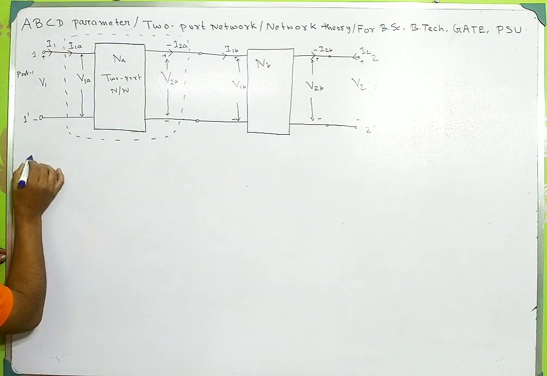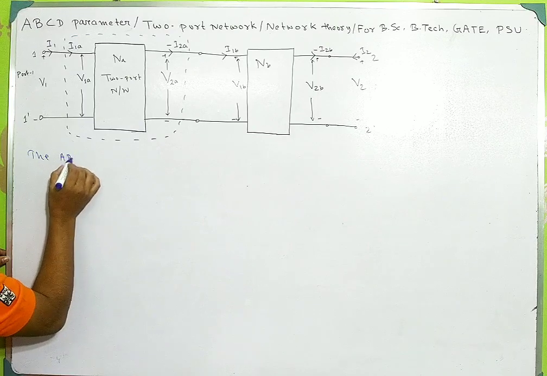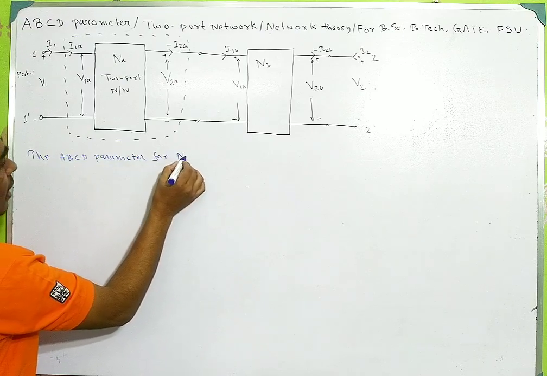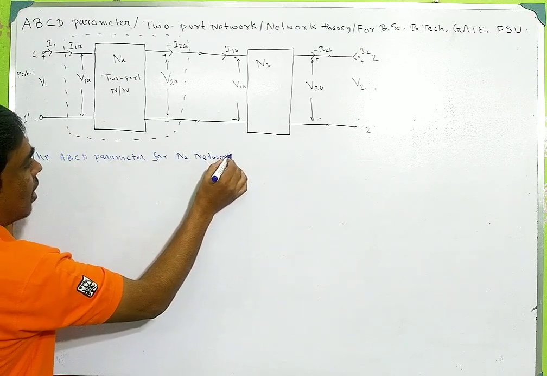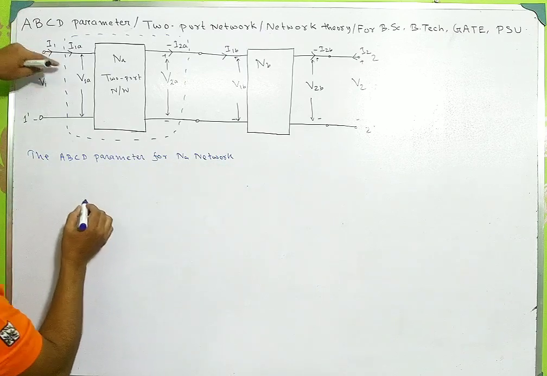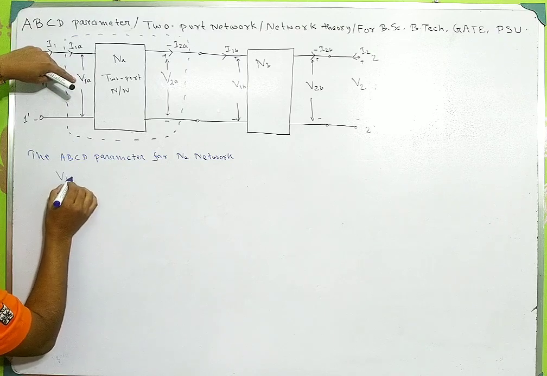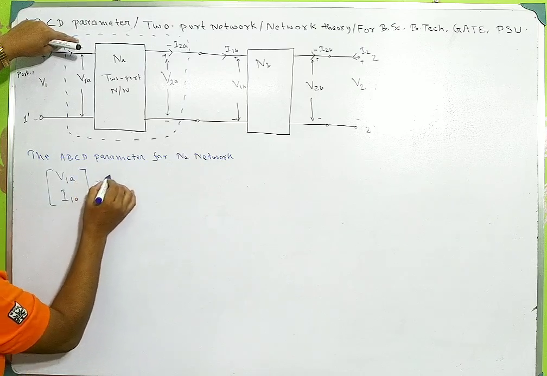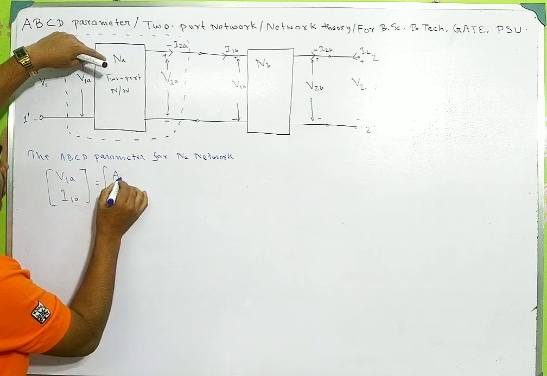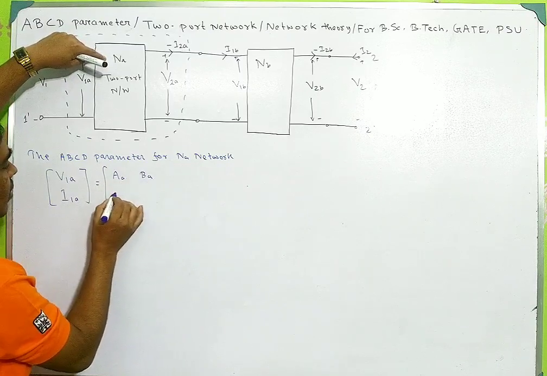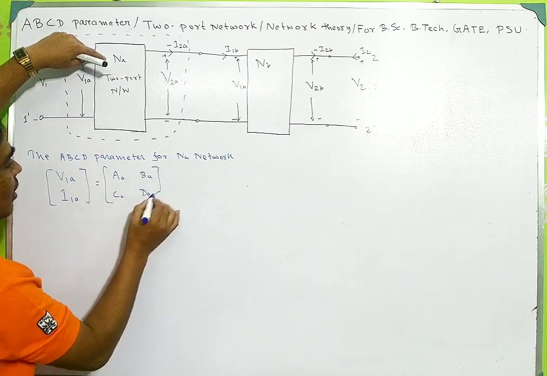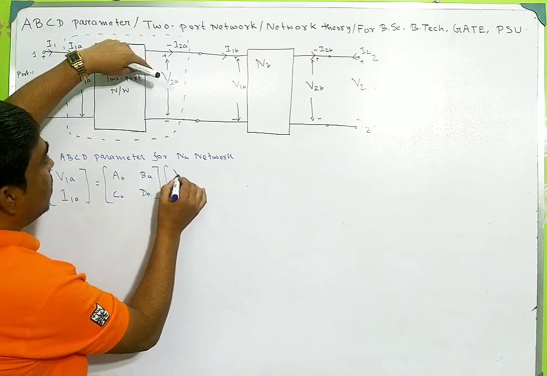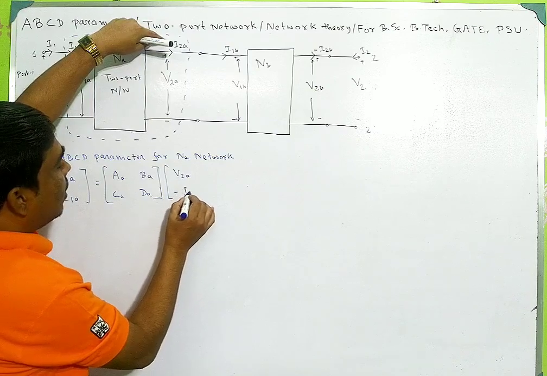Okay, so the ABCD parameter for NA network can be written as, this is input voltage, so V1A, I1A is equal to the ABCD parameters, that means AA, BA, CA, DA, and this is the output, so it is V2A, minus I2A.